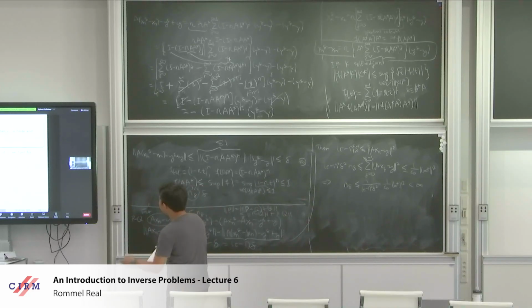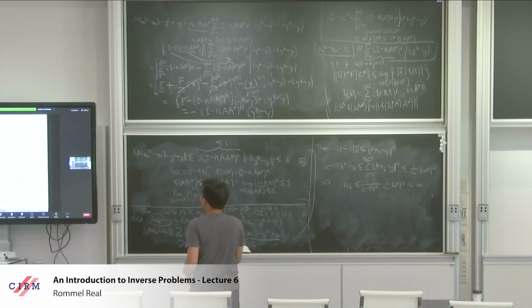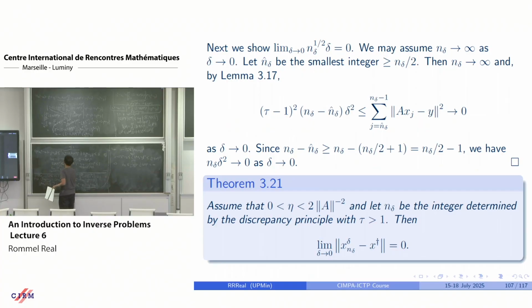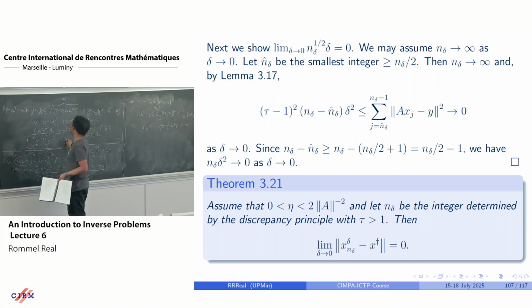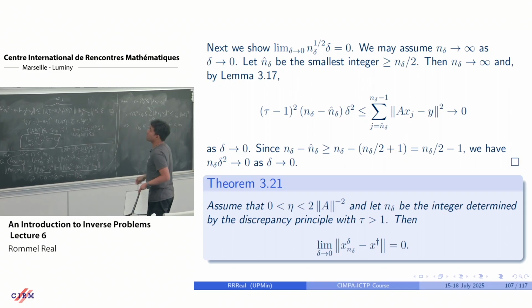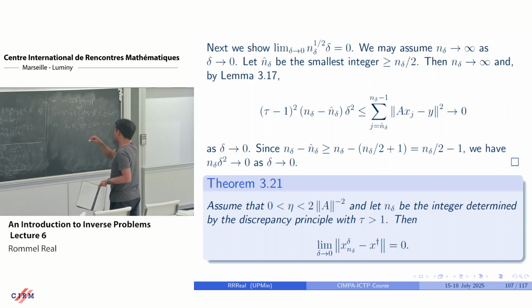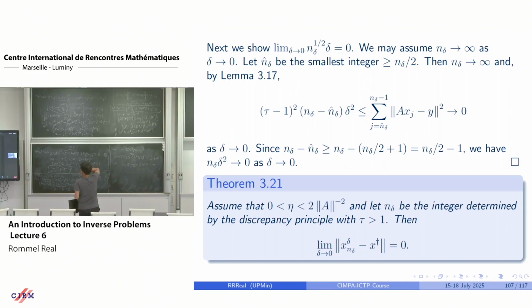Okay. Now you can finally show the desired limit result. This one. Now, first, note that we need to consider two scenarios here.